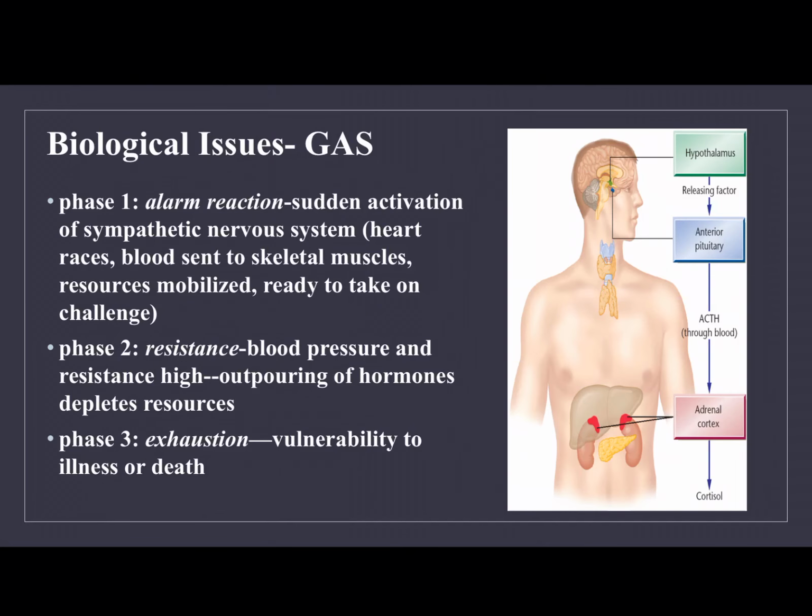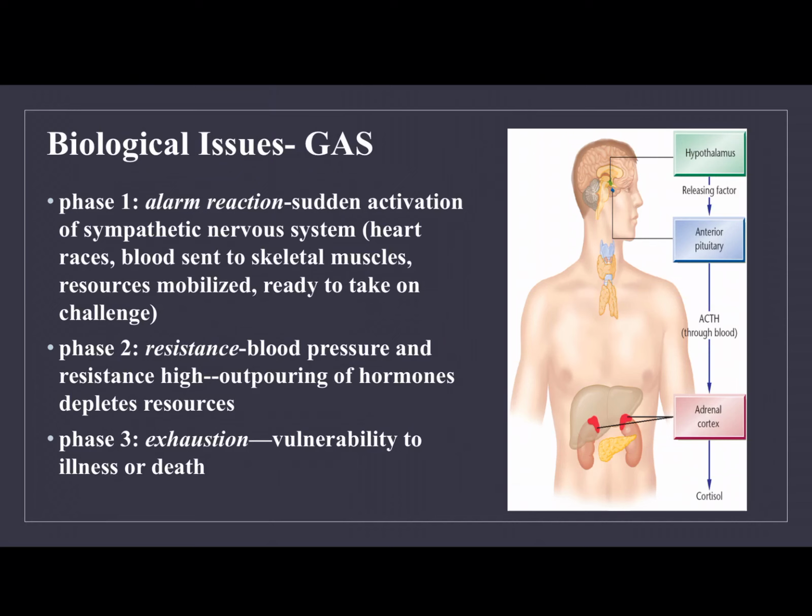Right, so last year in AP Psychology, we talked about the general adaptation syndrome. It looks at our body's natural responses to stress and how they develop. So phase 1, we have that alarm stage. That's where your sympathetic nervous system kicks in, that fight or flight response, and so we're going to try and respond to all of these external things.